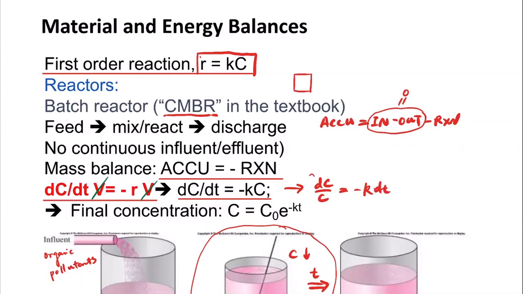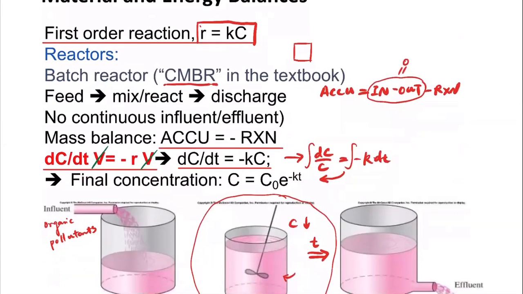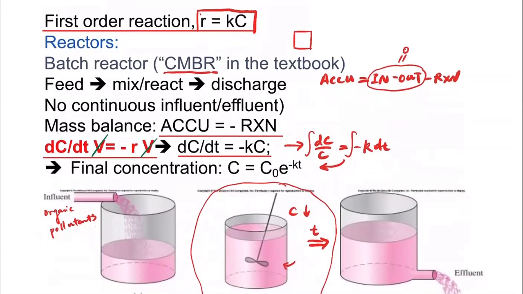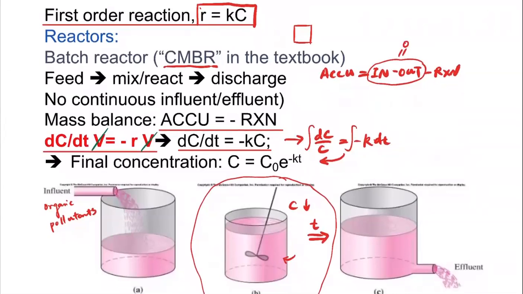And then you do the integration on both sides, right? So the final answer will have this type of expression where the concentration of the pollutant within the tank is going to have an exponential decrease as a function of time, right?